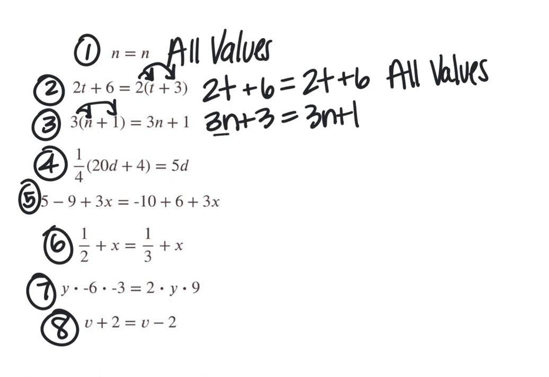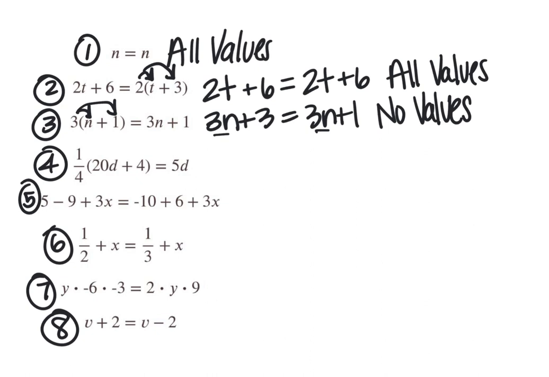Well, this is the same variable term, right? But on one side, I'm adding 3 to it, and the other side, I'm adding 1 to it. Is there ever going to be a situation where those values are going to be the same? No. So this would be no value. Okay, so there's no values for n that would make this equation true.